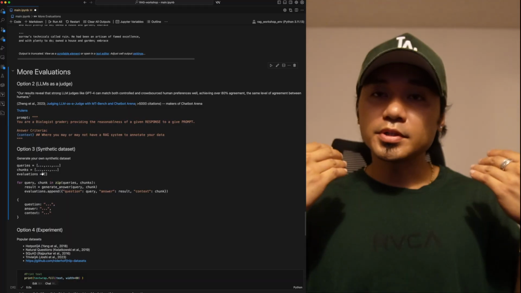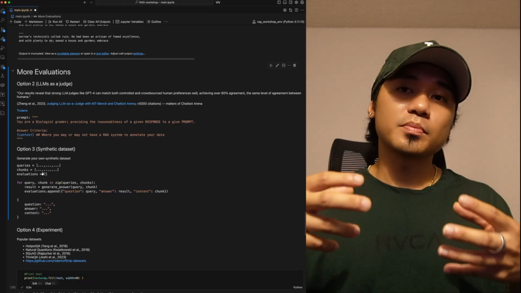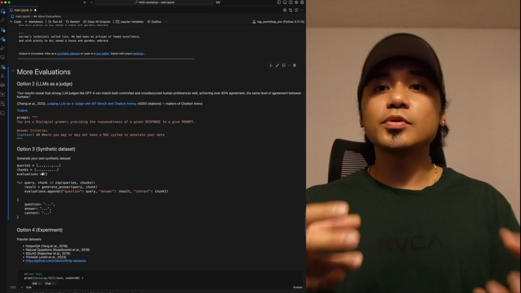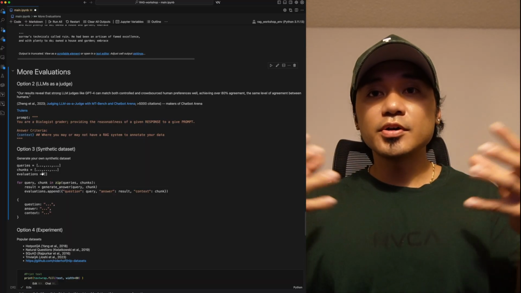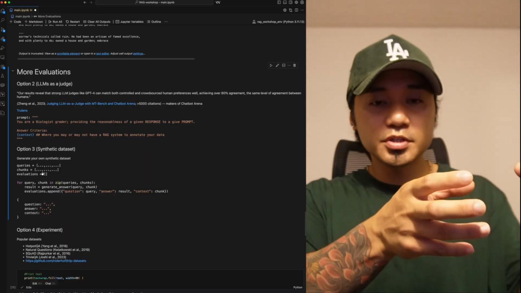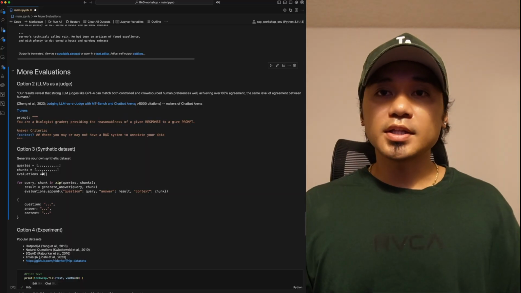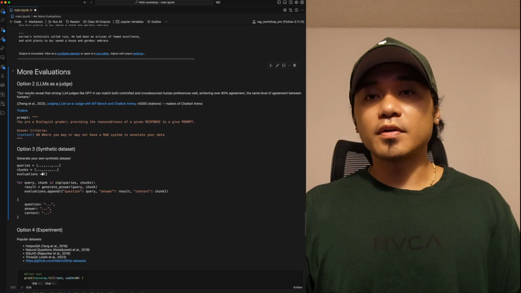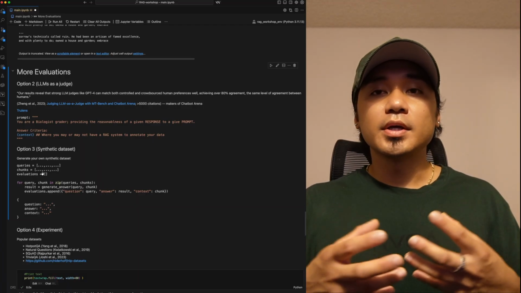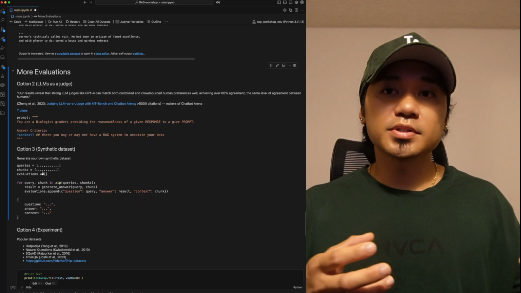Then you go through a second step where the language model produces an answer to those questions it just asked. So now you have a set of chunks, questions, and answers. That is a synthetic data set that you can use for evaluating how well your model can produce an answer based on a question.